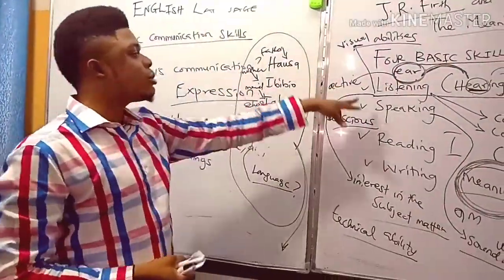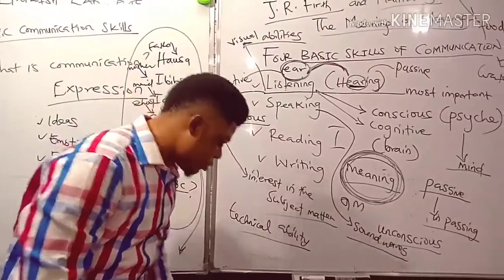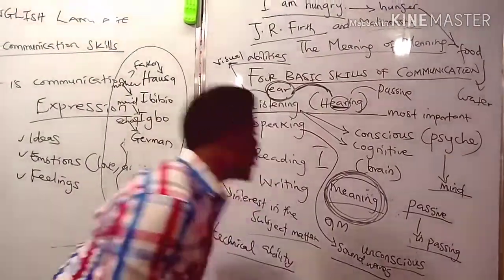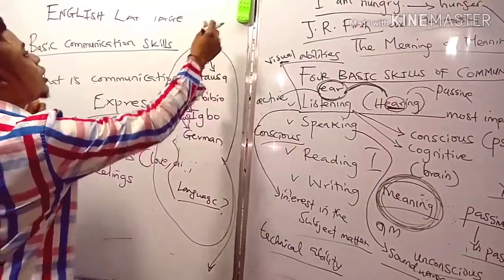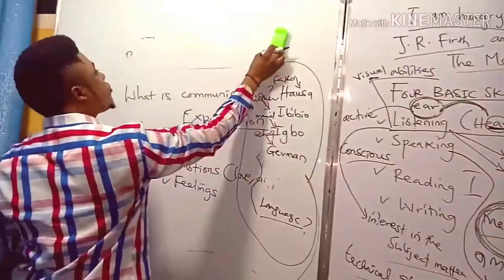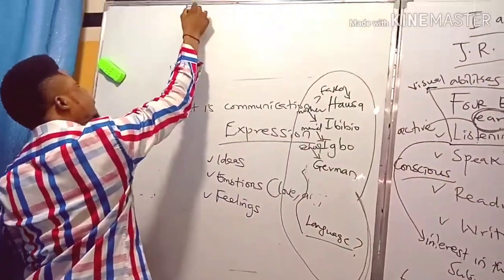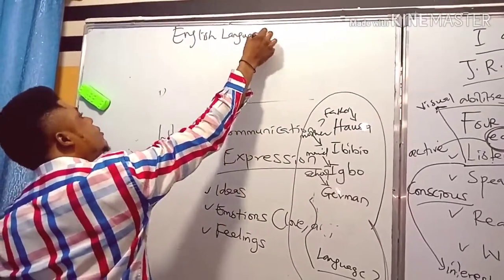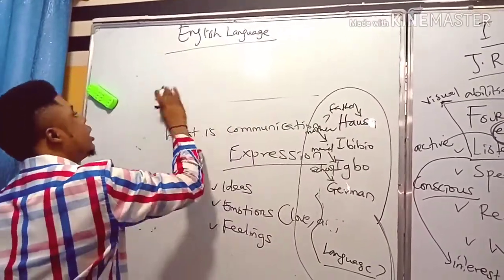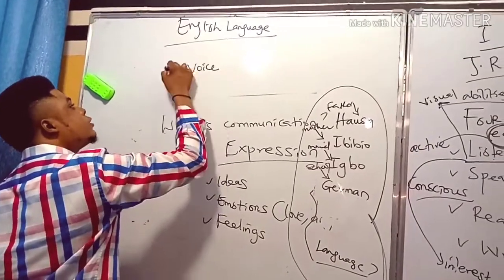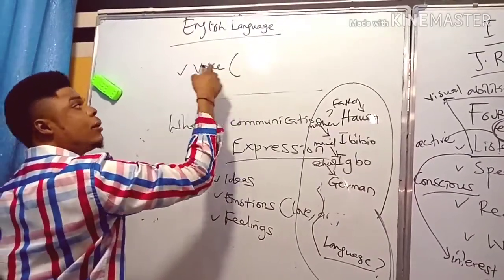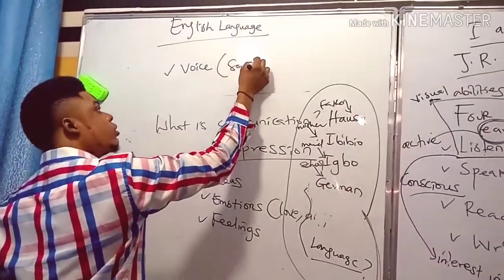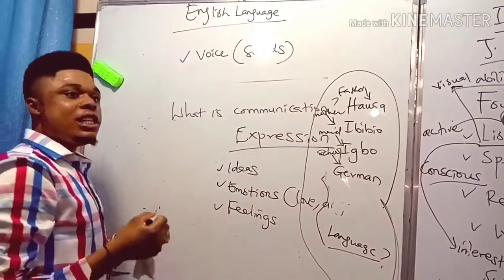So let's go back to speaking. Speaking involves a process that has to do with the voice. And what happens to the voice? Sounds. So when you speak, what do you release?